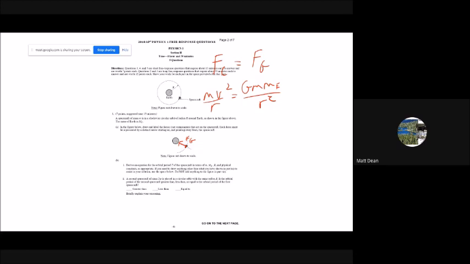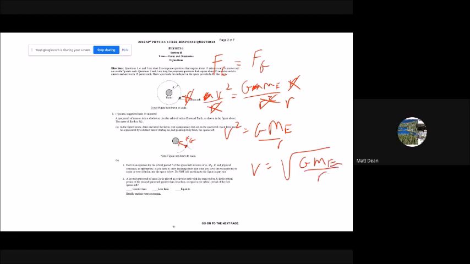That's the easiest way to go here. So let's multiply both sides by r. Mass of the object, the satellite in this case, cancels because it's on both sides. So we end up with v squared equals G M_E over r, which means v equals the square root of G M_E over r.